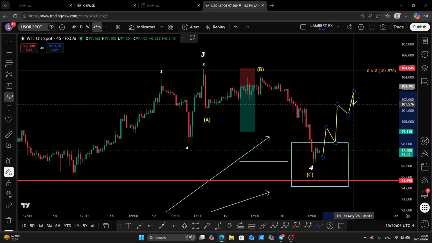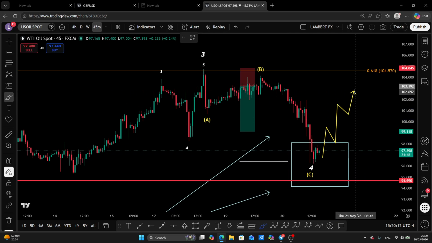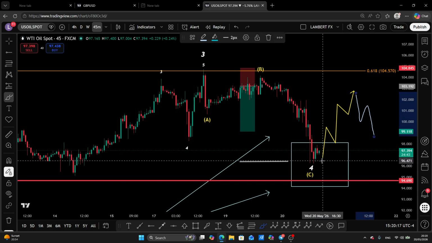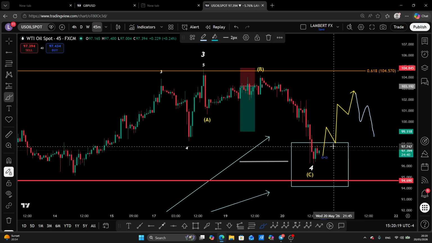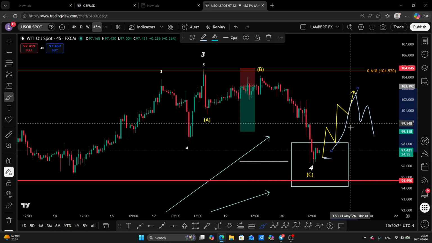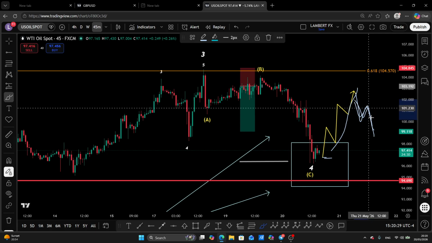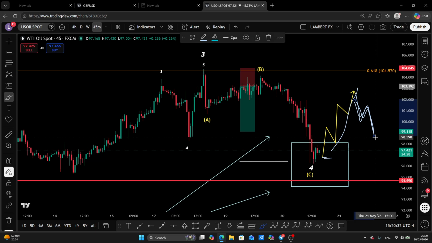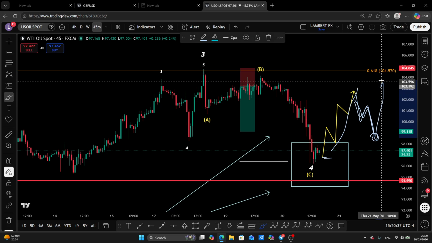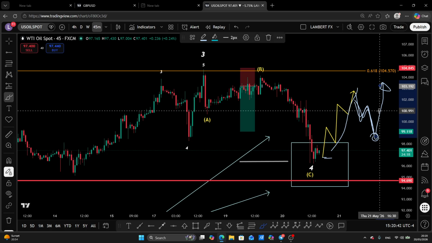If you can get the 5 leg up, then you wait for a 3 leg down retracement that should not go below the origin of this low here, which is the origin of all these 5 legs up. So if you can see a 3-5-3 or 5-3-5 leg here, then this is where you should go long on the lower time frame. All right, so I hope this makes sense.